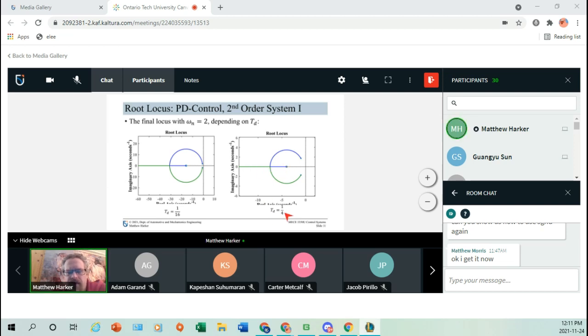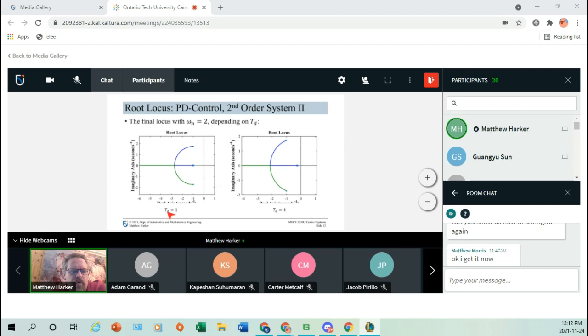So here, if we make TD a bit longer, a quarter of a second, that pulls the zero in to minus 4. We have the same rough shape on a different scale. Again, that's our circle of radius 2. As we're pulling the TD in, again, the locus gets pulled closer in.